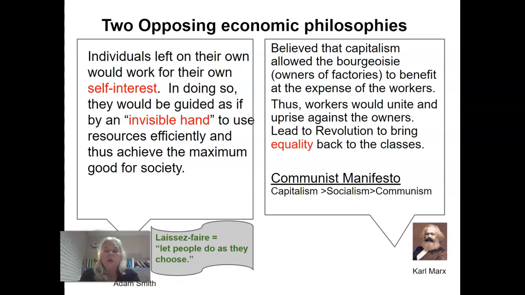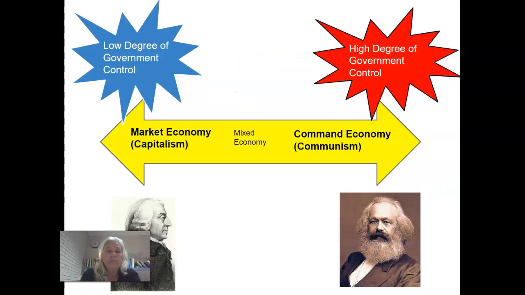So his work actually led to the unification of groups of people who would be considered the workers, leading massive revolutions in Russia and in other parts of the world, supposedly to bring equality back to the classes, but it didn't always work out for the best.